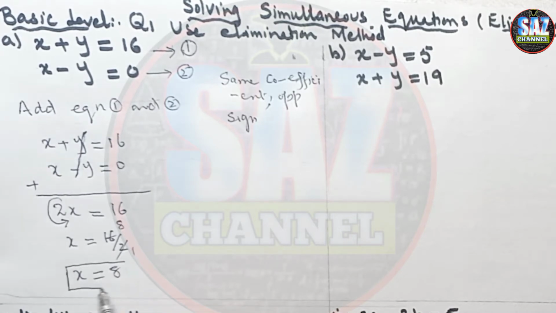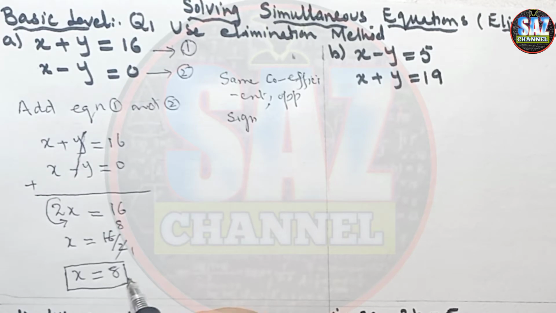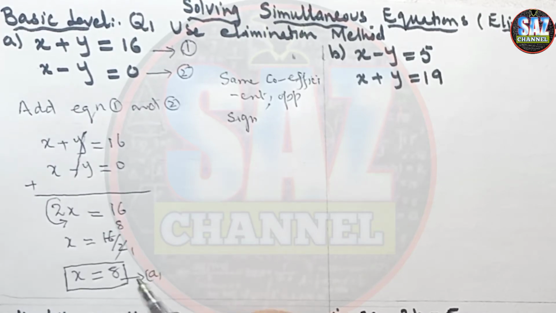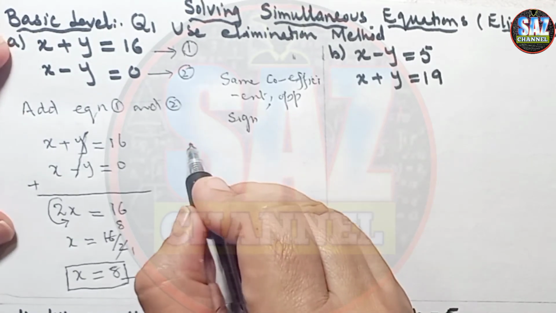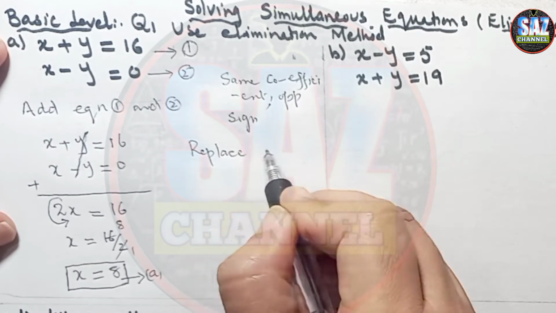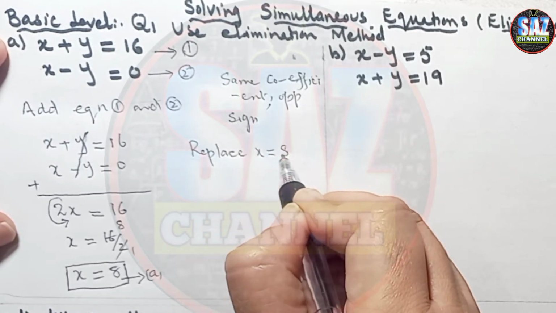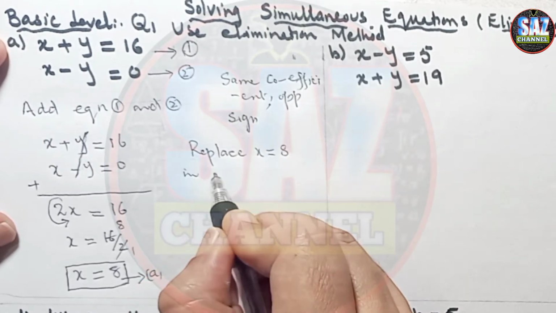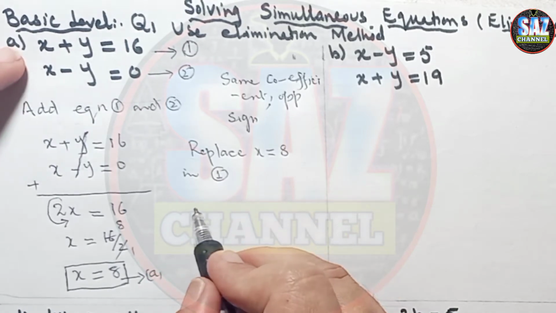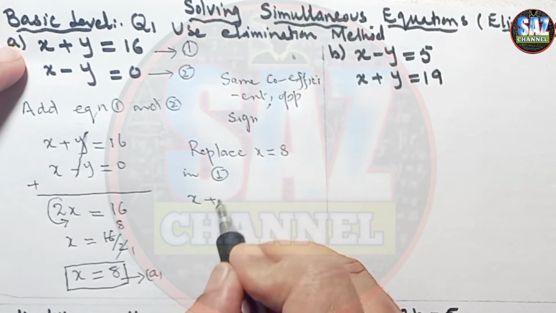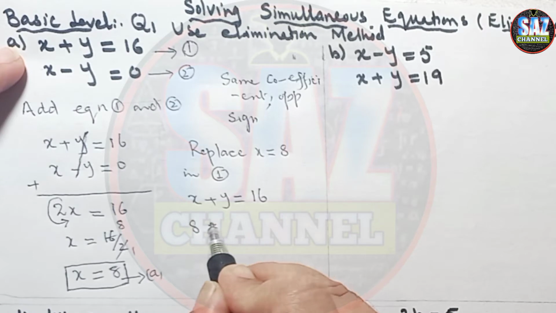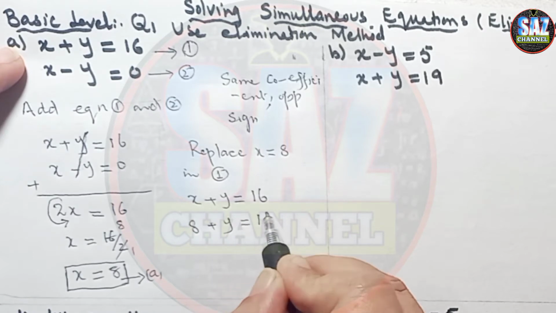Now at this stage we are getting the value of one of the variables. Let it be a. Replace x equals 8. Substitute x equals 8 in equation 1 to get the value of the other variable. So when I am replacing x equals 8 in equation 1, 8 plus y equals 16.